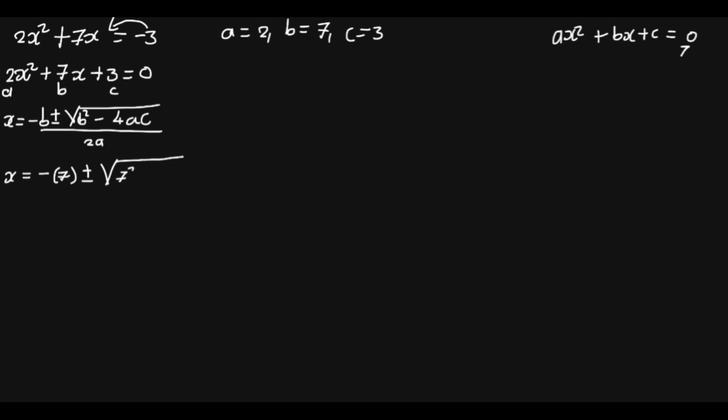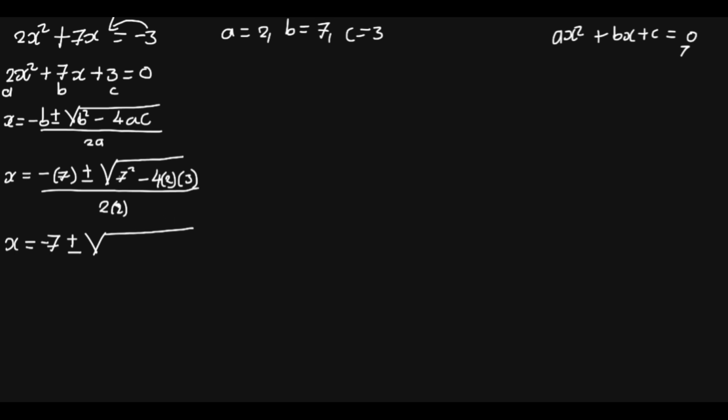We have 7 squared minus 4 times a, where a is 2 and c is 3, over 2a. So negative times 7 is negative 7 plus or minus. Let's square this one.